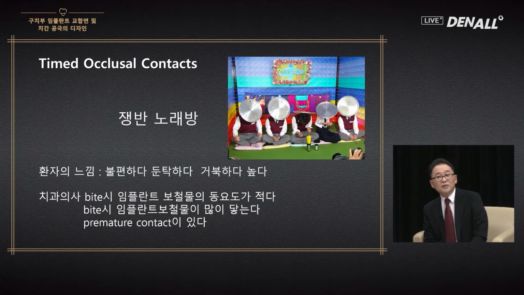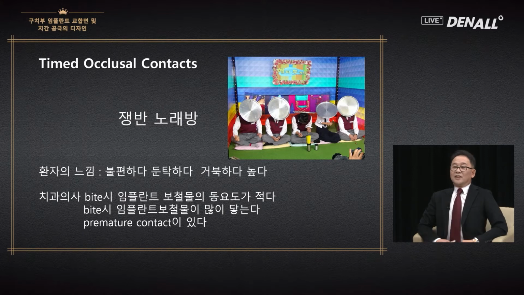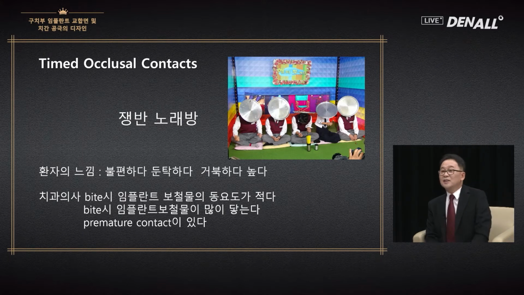It reminds me of the tray karaoke, which was a popular program in the past. All natural teeth try to avoid the falling tray by lowering the head. However, the implant just sits straight and gets hit hard by the falling tray.